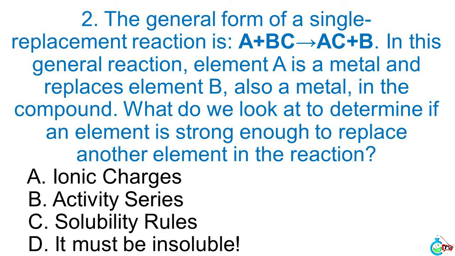2. The general form of a single replacement reaction is A + BC yields AC + B. In this general reaction, element A is a metal and replaces element B, also a metal, in the compound.